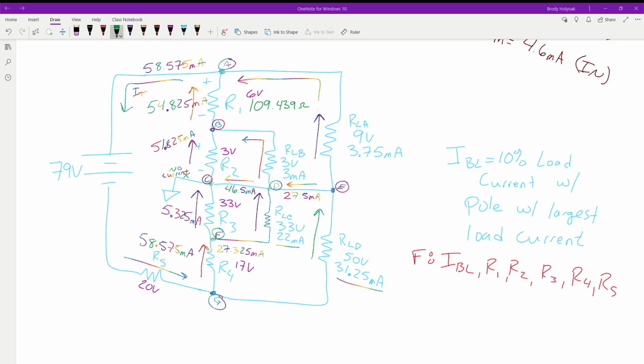Jeff, value for R2. And our voltage is the 3 volts. The what? No. So you have your 3 volts divided by the 51.825 milliamps.